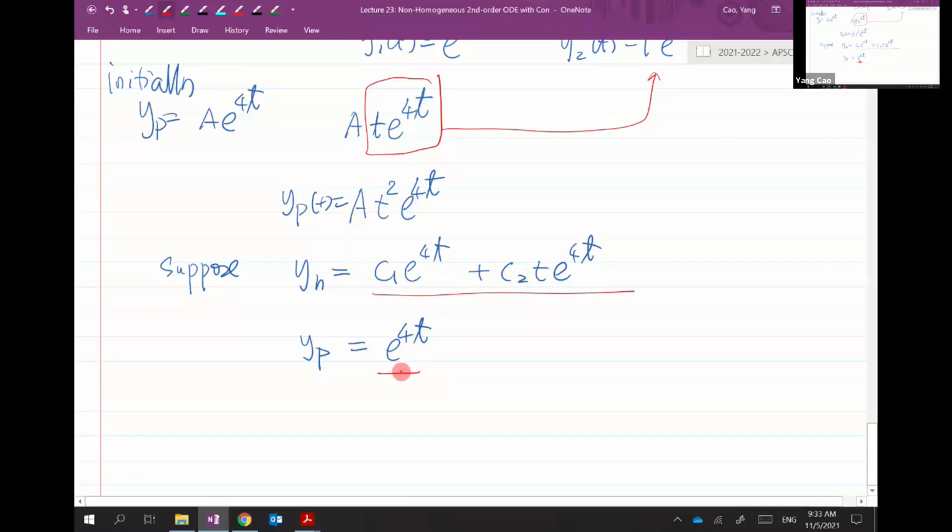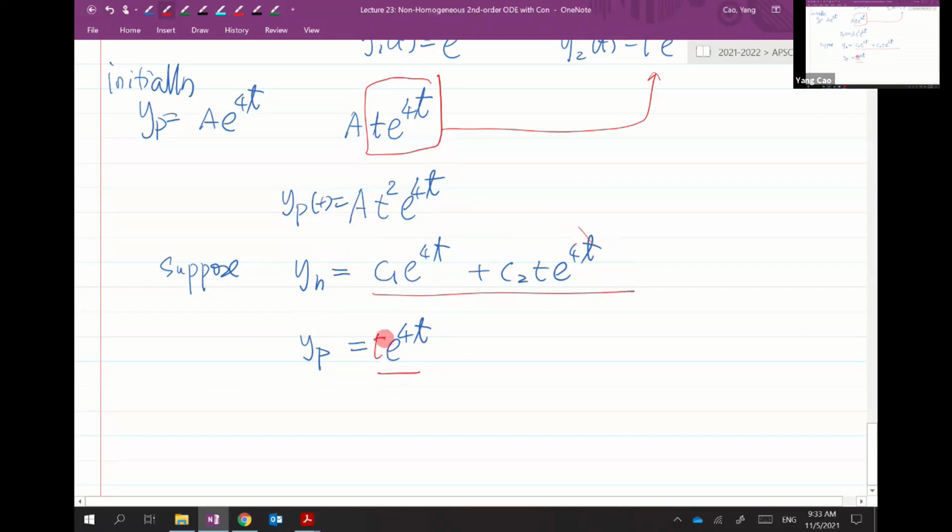You look at the yp. yp is actually a family member of this yh added here, right? It's really nothing special. It's covered by this yh. So that's not what we want. We want a yp to be a particular solution. It's not part of the family of the homogeneous solution, right?